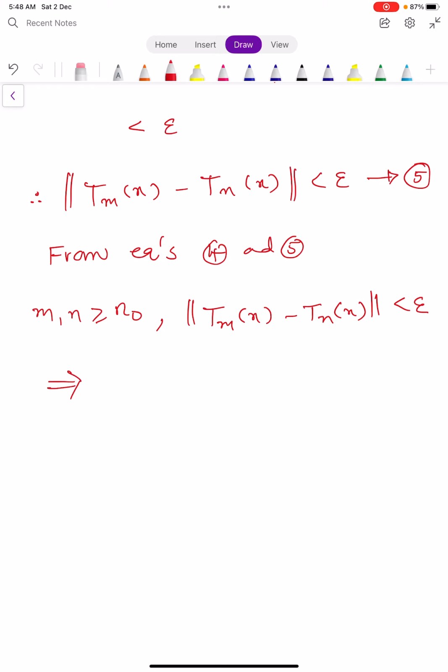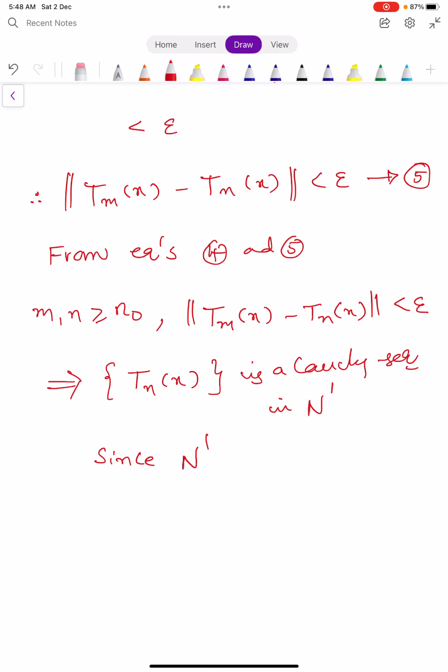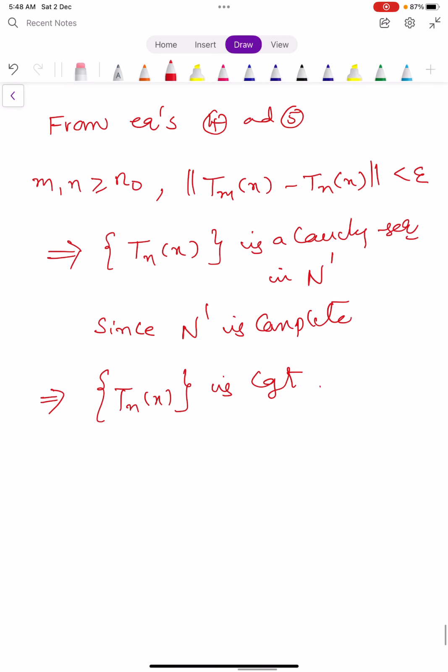which implies Tn of x is a Cauchy sequence in capital N dash. Again, since capital N dash is complete, because it is a Banach space, this sequence Tn of x is convergent, and say it converges to T of x.